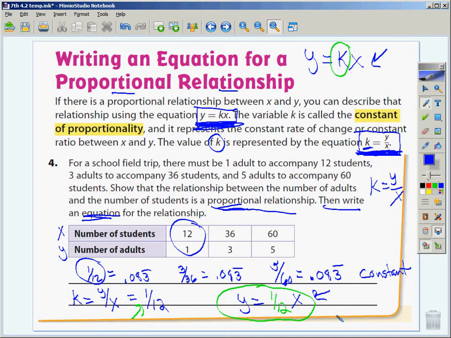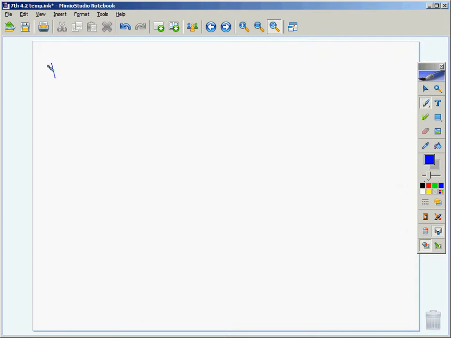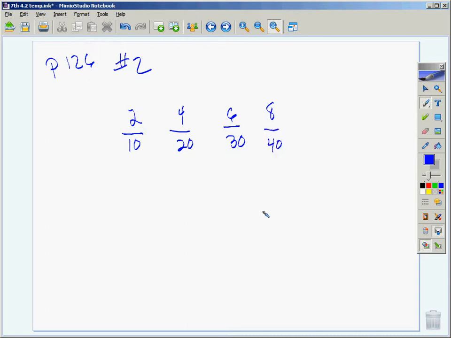Okay, not just to get it. Let's take a look at number 2 on page 126. Okay? Page 126, number 2. It says 2, 10, 4, 20, 6, 30, 8, 40.